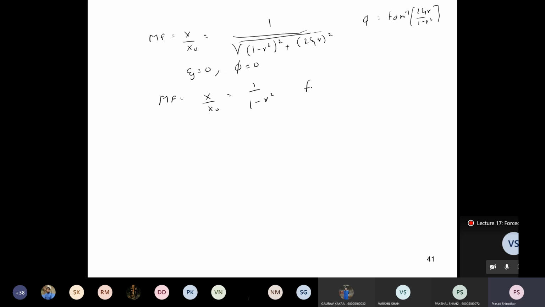Now for r less than 1, the system response, that is x(t) equal to x cos omega t, will be in phase with the excitation force.